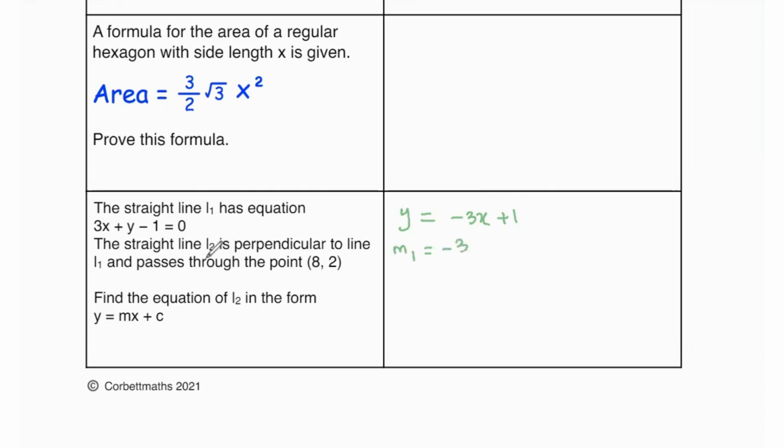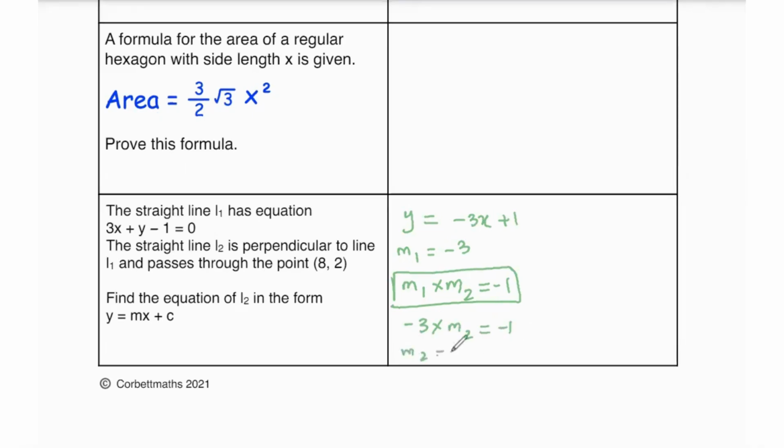So to find the gradient of L2, we use the equation m1 times m2 equals negative 1, because that is the condition for perpendicular lines. So negative 3 times m2 equals negative 1, and m2 equals 1 over 3, which means y equals 1 over 3 x plus c. Now we substitute the point in this equation.